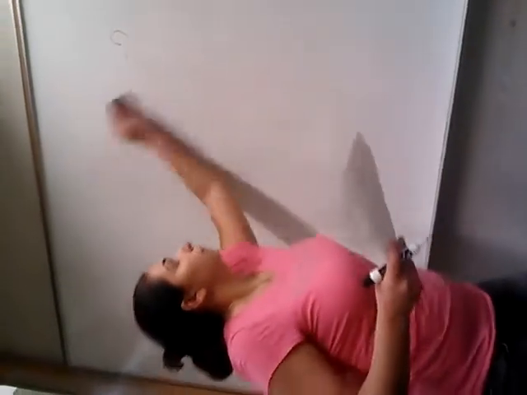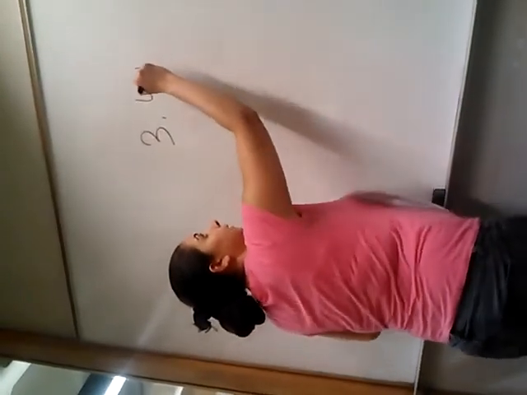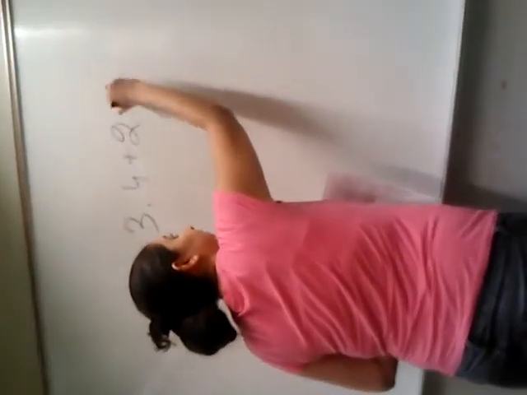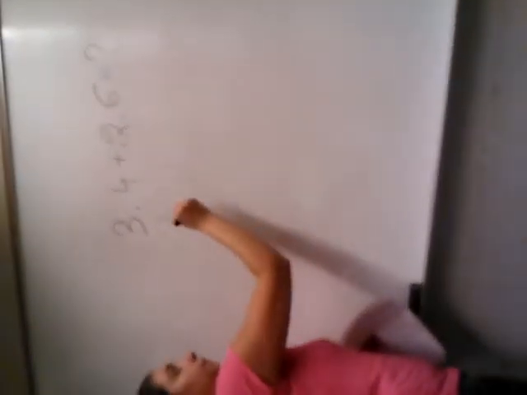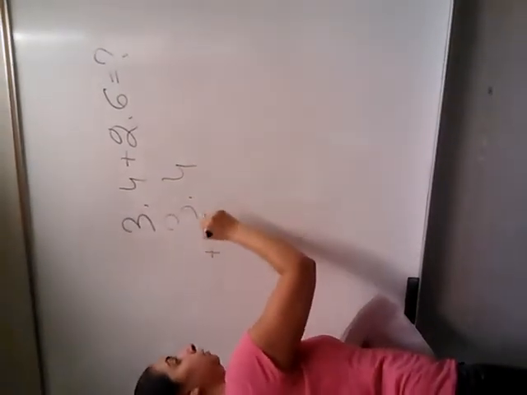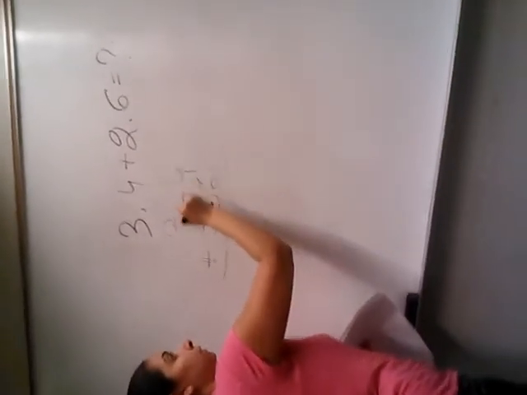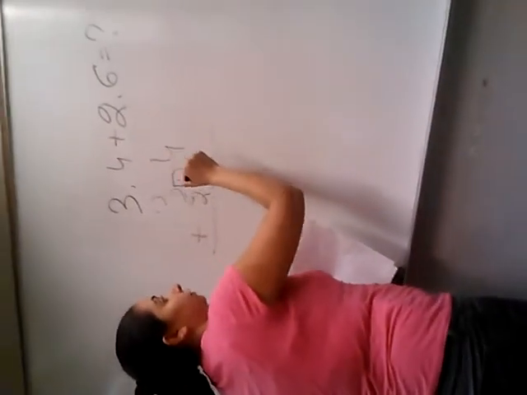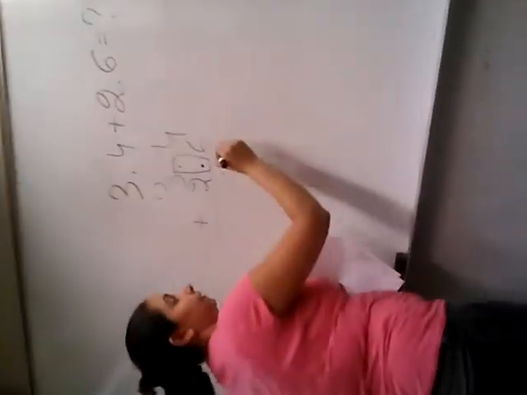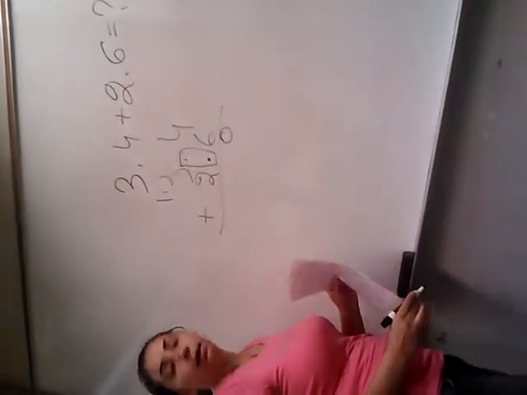So let's do another example about addition. We have 3.4 plus 2.6, with the dot under each other. So 4 plus 6 is 10, so we write 0 and put the 1 here.